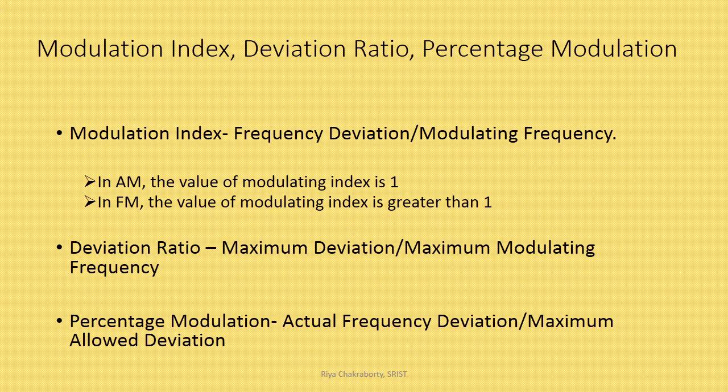And the next part is percentage modulation. In a frequency modulation system, it is the ratio of the actual frequency deviation to the maximum allowed deviation. I believe that this is clear to all.